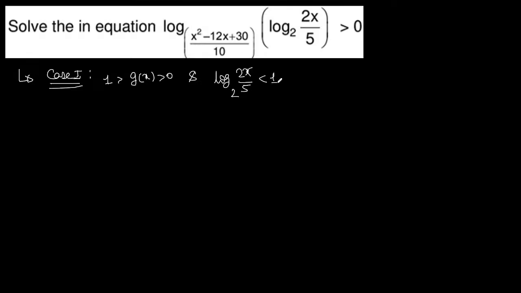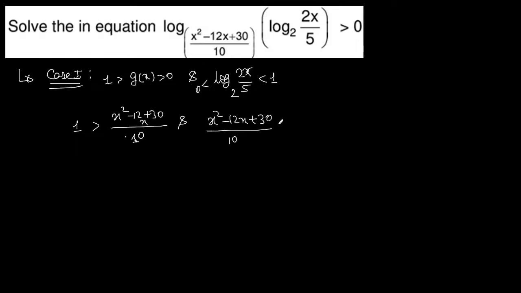It will become less than 1 and this will become bigger than 0. So first we will solve this case. This is x square minus 12x plus 30 upon 10. This is less than 1, and when we have 0 we will take and x square minus 12x plus 30 by 10 is bigger than 0.